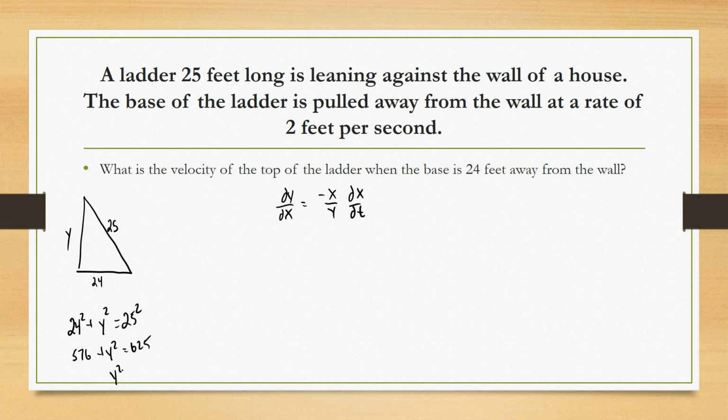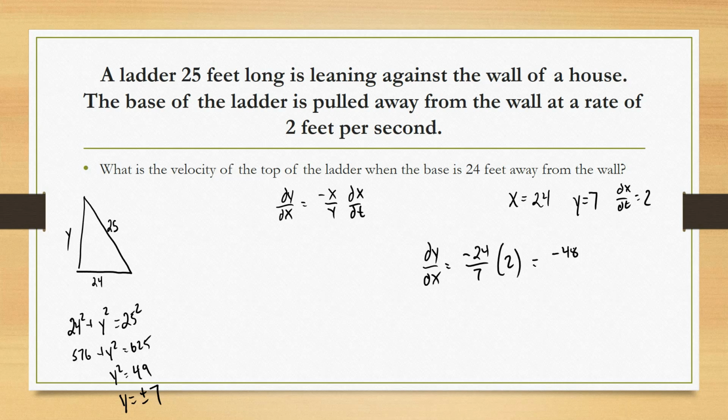So we get y squared equals 49, y equals plus or minus 7. But once again, it's in the positive direction, so y equals 7. So x equals 24, y equals 7, dx/dt equals 2. So dy/dt equals negative x over y times 2, which is going to give us negative 48 over 7 feet per second.